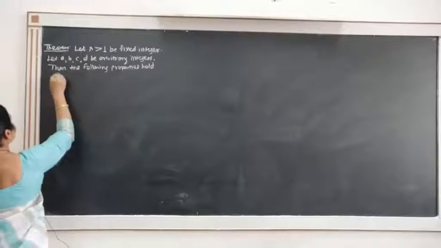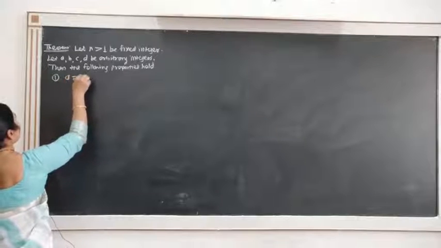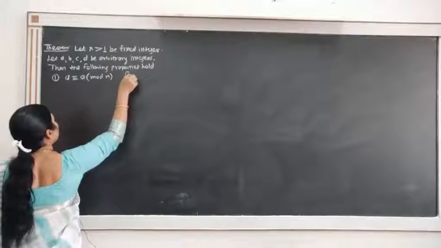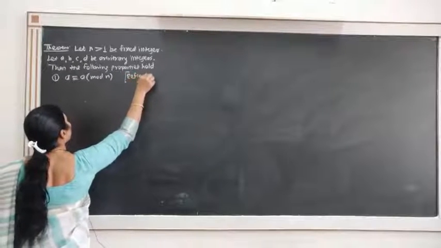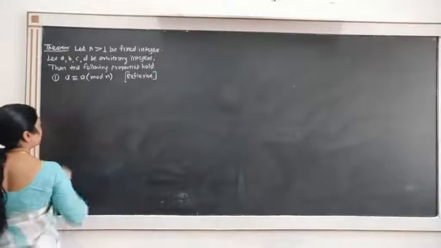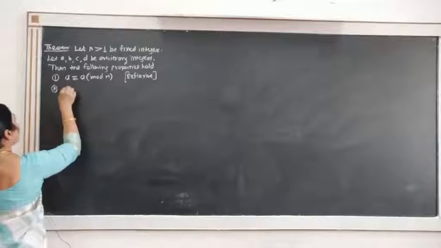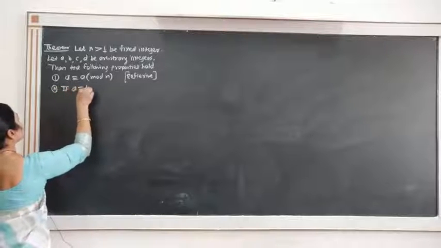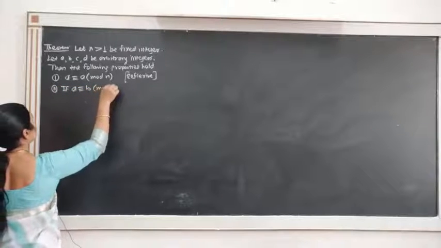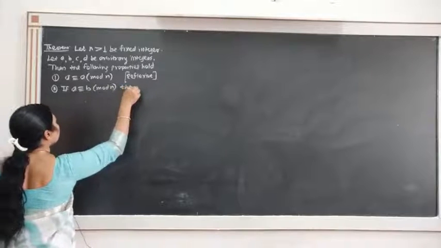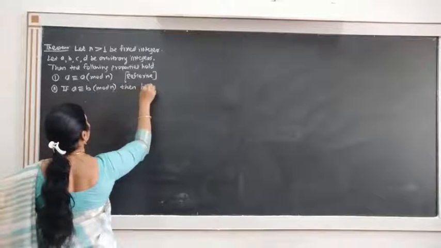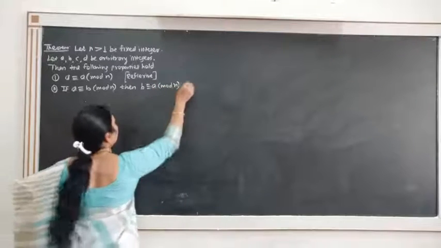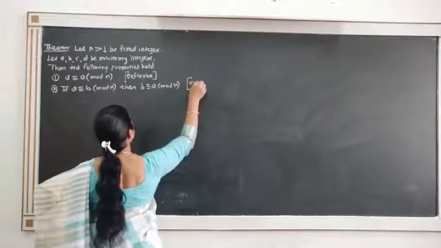The first one, a is congruent to a mod n. This is nothing but the relation of congruence is reflexive. Second, if a is congruent to b mod n, then b is also congruent to a mod n. This means that the relation of congruence is symmetric.